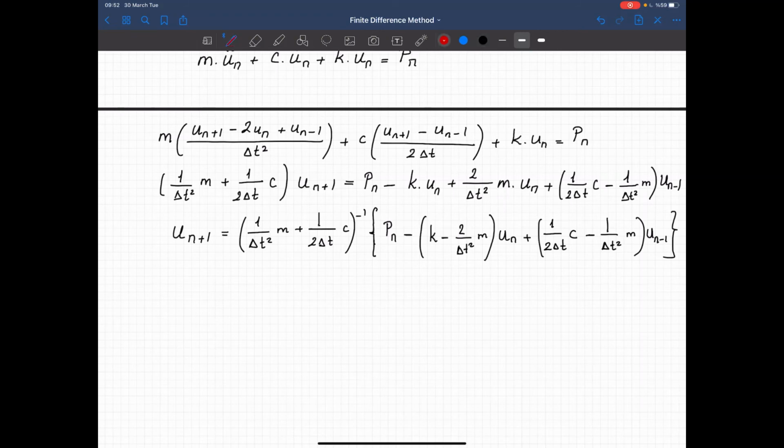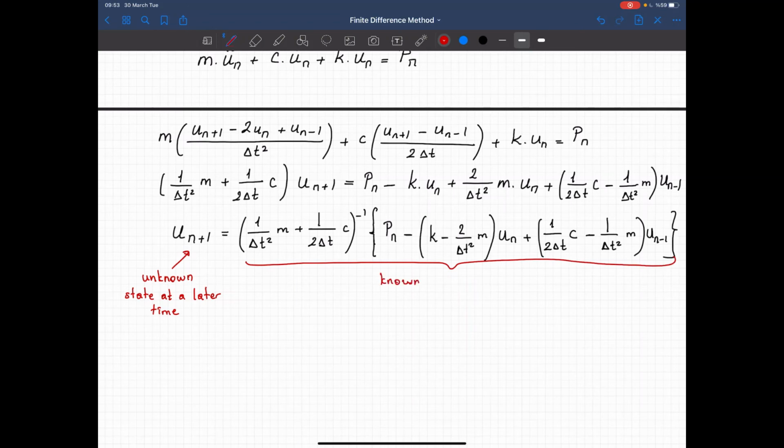So what we see here is un plus 1 is unknown, right? It's a state at a later time. And if you look at the rest, they are all known states at the current time.